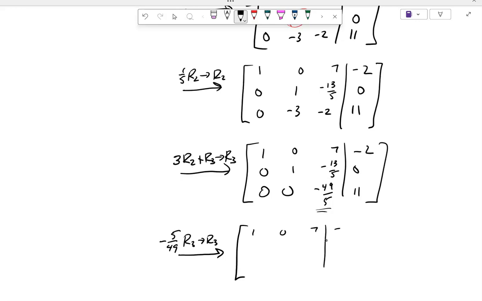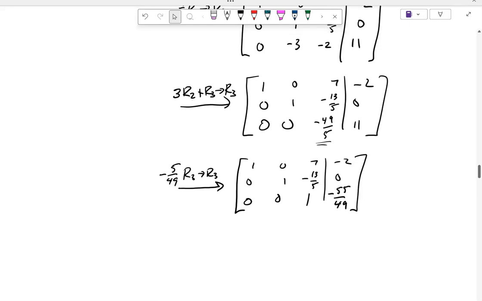Doesn't change the first 2 rows. Zero, 0, 1. Ugh. 5 over 49. So I get negative 55 over 49. We're almost done.